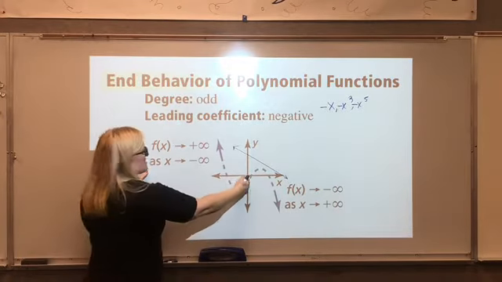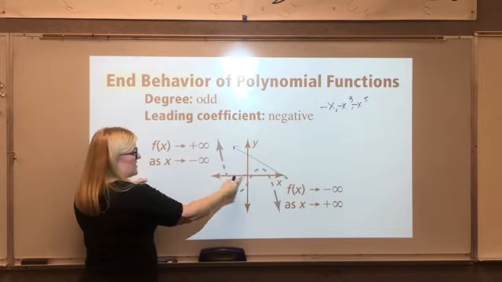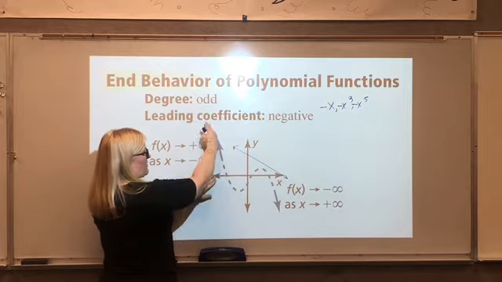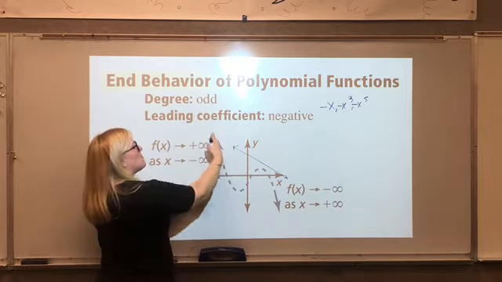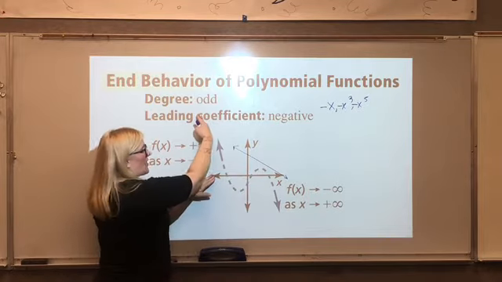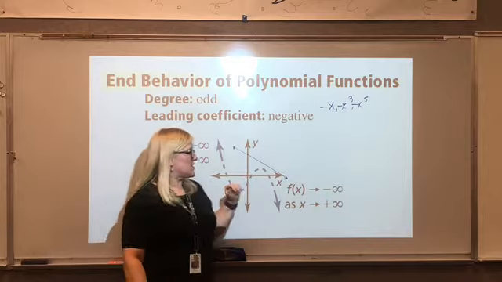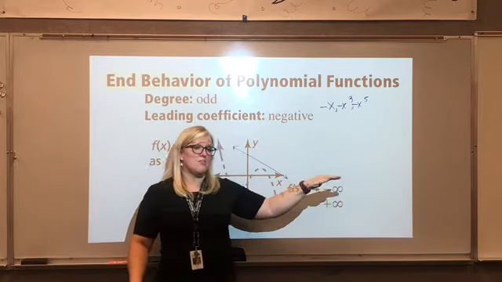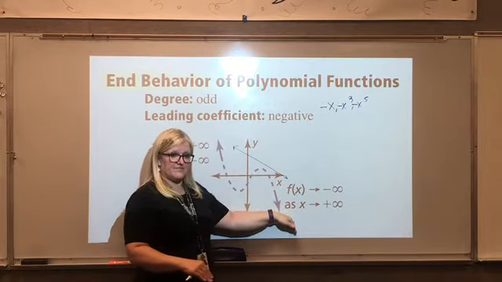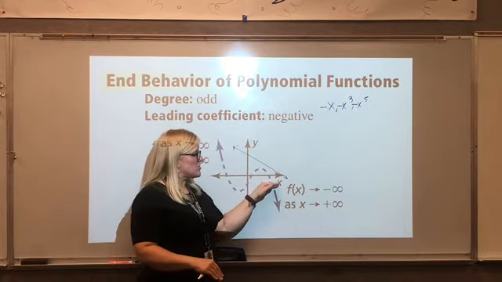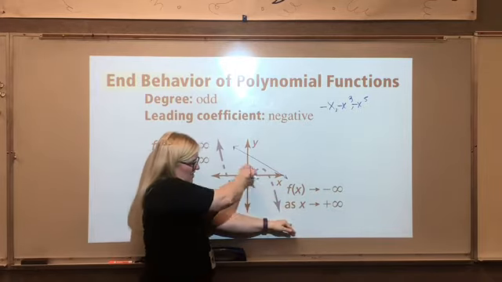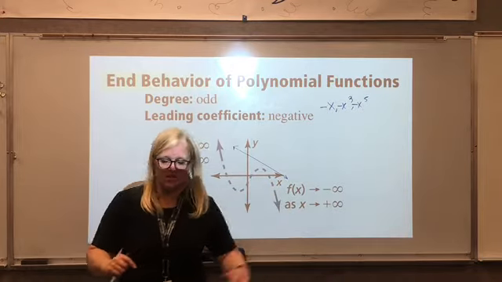As x is approaching negative infinity, what is happening to my function? Well, it's approaching positive infinity. Same thing with this one. As x is going in a positive direction, the function is going in a negative direction. So as x approaches positive infinity, f of x is approaching negative infinity because the y value is going down.